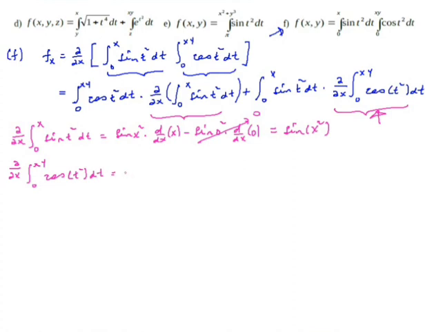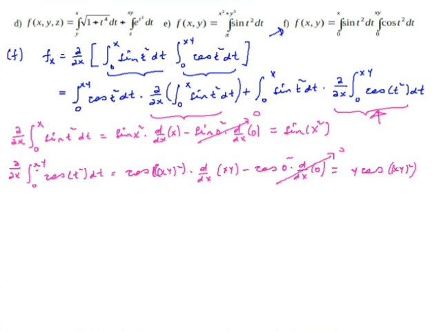In place of t we substitute xy, so cosine of xy the whole square times d by dx of xy, minus cosine of 0 square times d by dx of 0. This part is 0, so this becomes y times cosine of x times y the whole square.